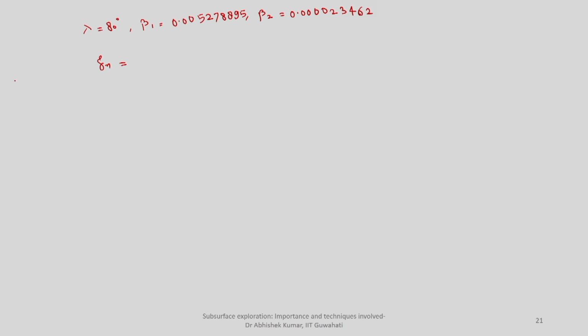Gn, that is latitude correction. Gn is given as Ge times 1 plus beta 1 sin square lambda plus beta 2 sin 4 lambda. Now, put the values here.